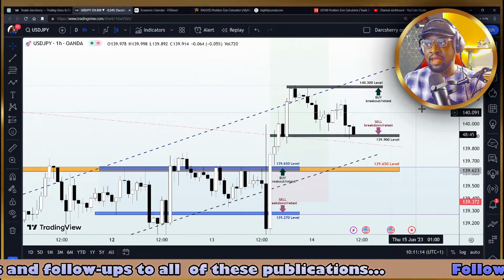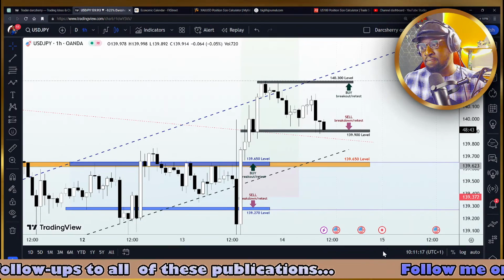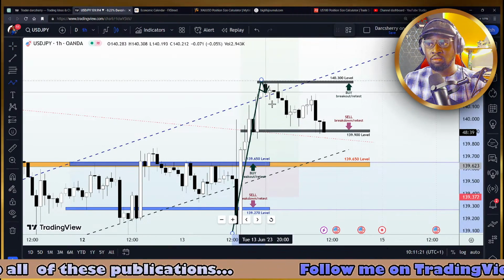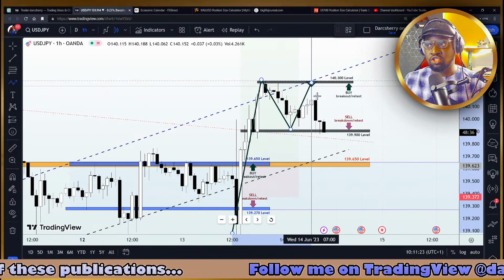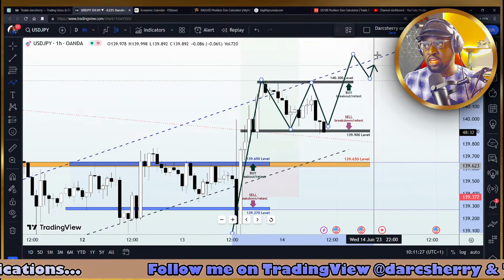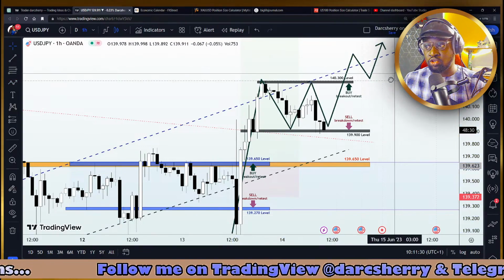Now, the other scenario here that could happen is that following the impulsive move we have here, there is a high chance that price action could transition into a trend continuation pattern where the breakout of the 140.300 will incite a trend continuation to the upside.